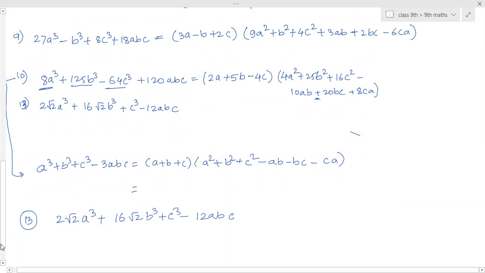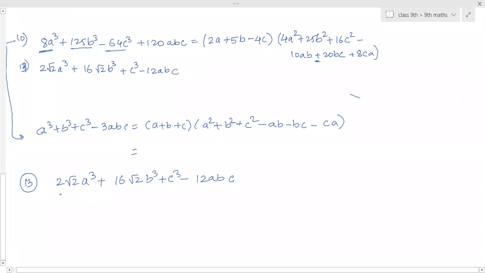You have to check whose cubes are these. Root 2 can be written as root 2 into root 2, and this is root 2a whole cube, right?